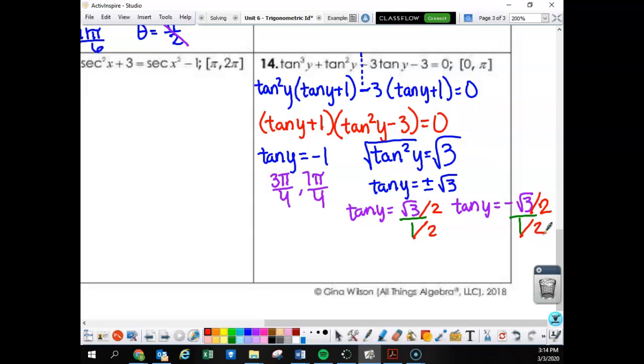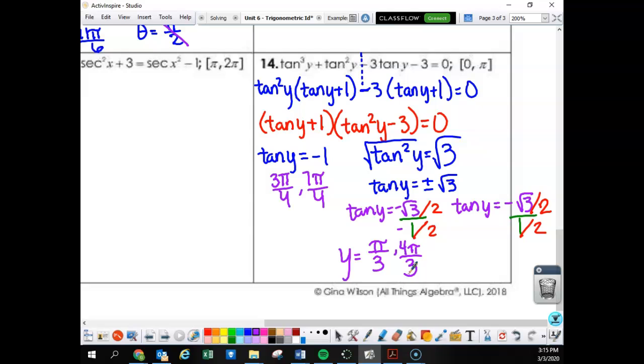Okay, and so now you can find these on your unit circle. So I want the x value to be 1/2 and the y value to be square root of 3 over 2. So x value of 1/2 and y value square root of 3 over 2. So that happens at pi over 3. But again, tangent is diagonal, so this could also be negative and negative. So that happens at 4 pi over 3.